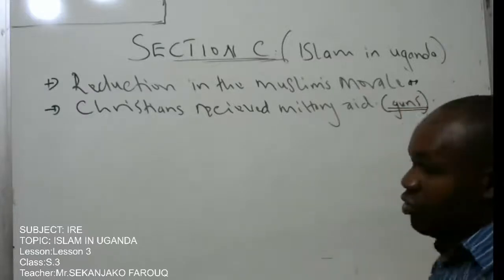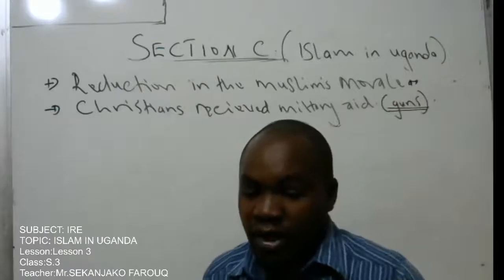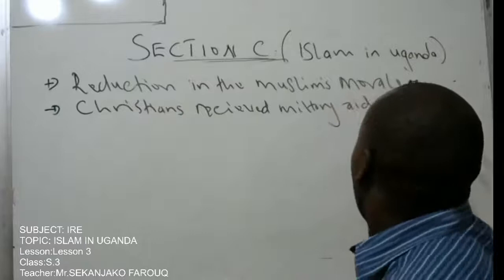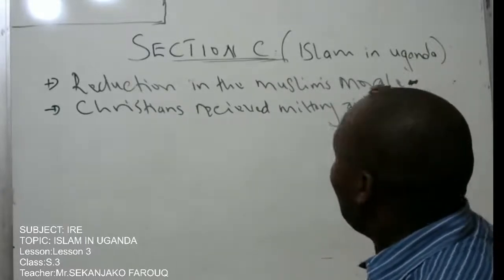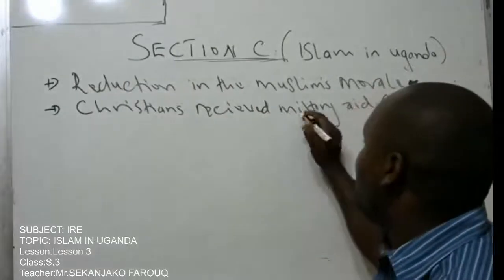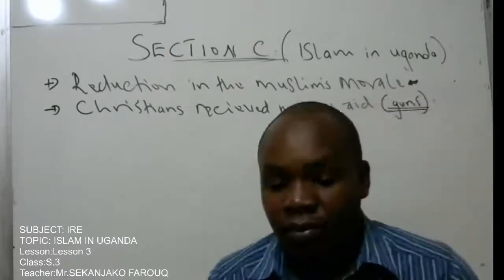So the Muslims would hardly match them, and at the end of that day, the Muslims who had come as traders ended up fighting, after losing the morale, and on receiving very little aid, especially militarily, they had to be defeated.